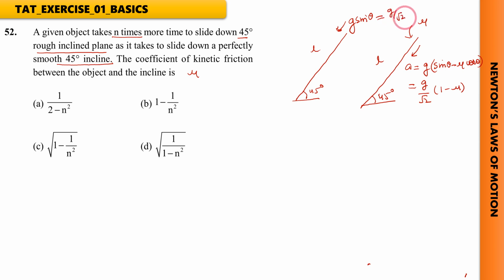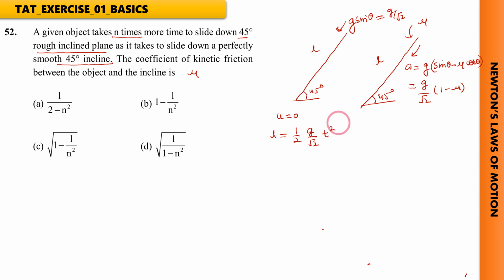Now we'll be using the formula s equals ut plus half at square, and in both cases u is 0. Therefore for a smooth surface we write L equals half into a, means g by root 2, into t square.